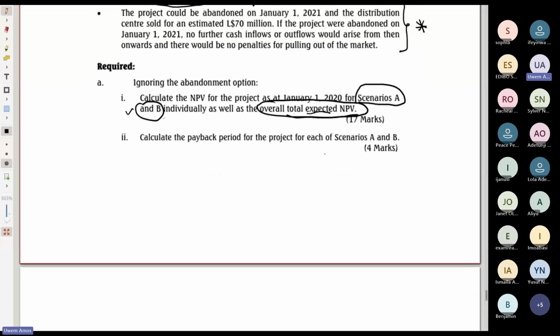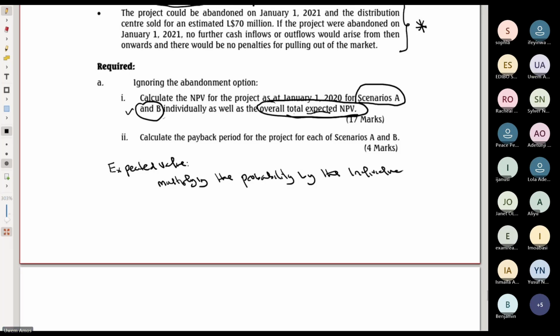We explained the concept of expected value in our very first few classes on local investment appraisal. Basically it refers to multiplying the probability by the individual values and summing them up.